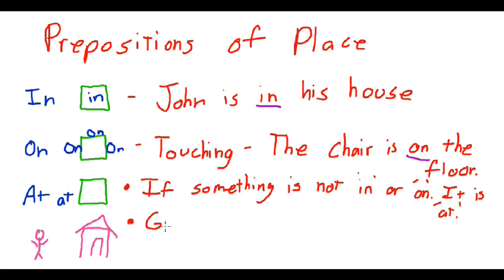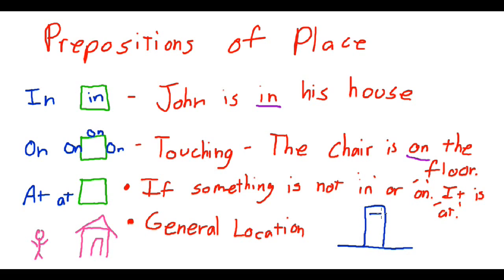Okay, and another basic idea of at is kind of similar, but it is a little different. We use at for general location. General location can be a little bit difficult to understand, but I don't know, if you think about a tall building. Okay, a tall building. Alright, you have many different floors, etc. Maybe even a little car outside.